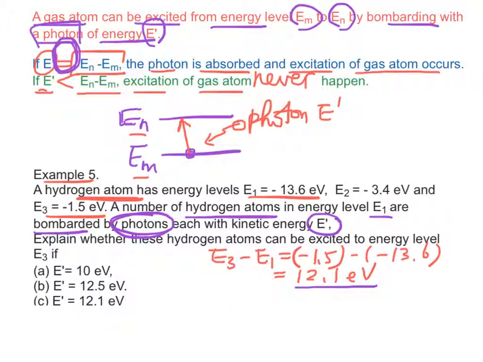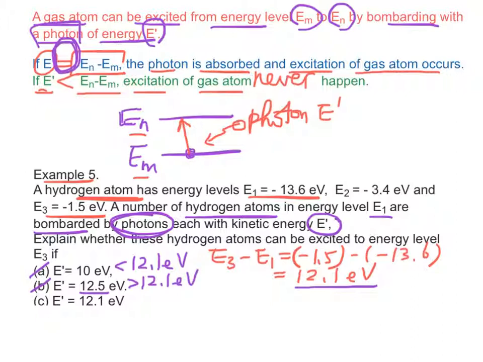In case A, the energy of the photon, 10 eV, is smaller than 12.1 eV. In case B, the energy of the photon is 12.5 eV, which is larger than 12.1 eV.